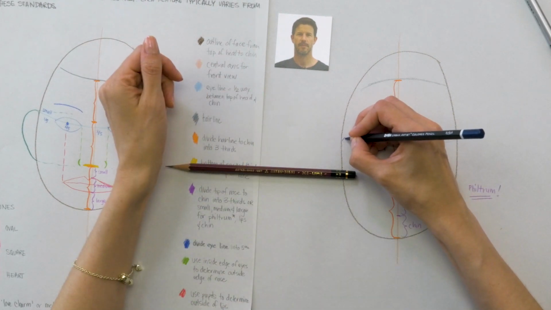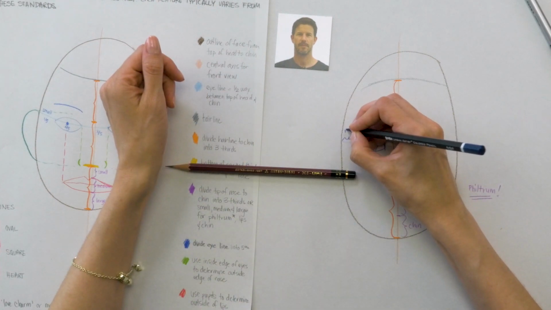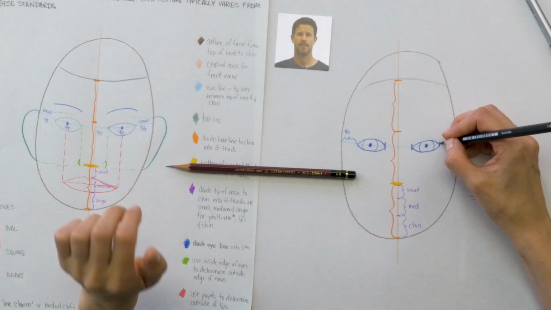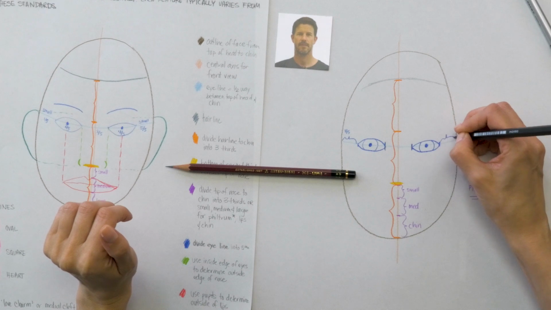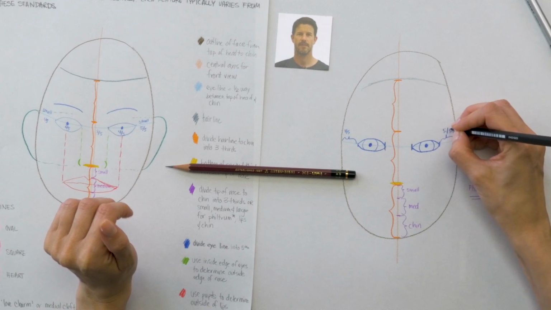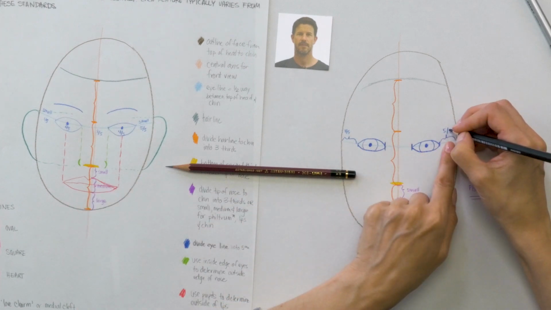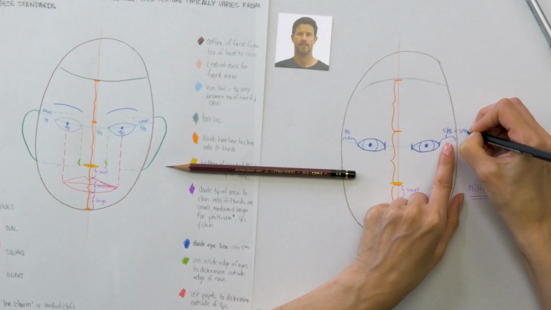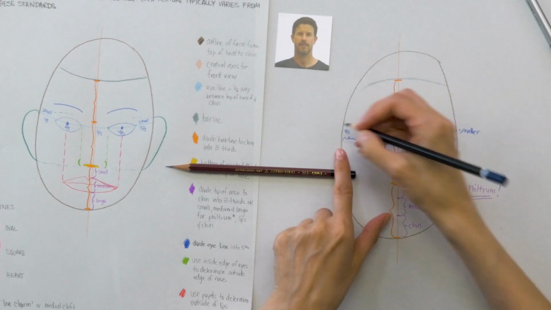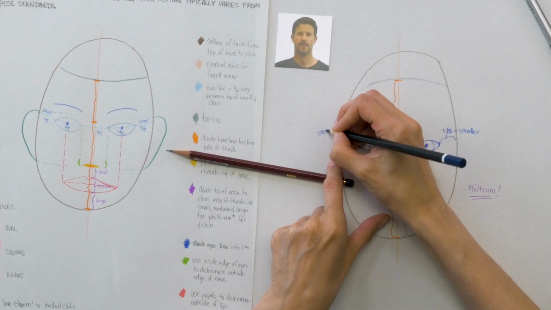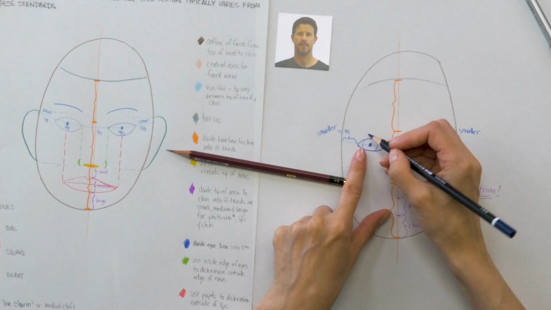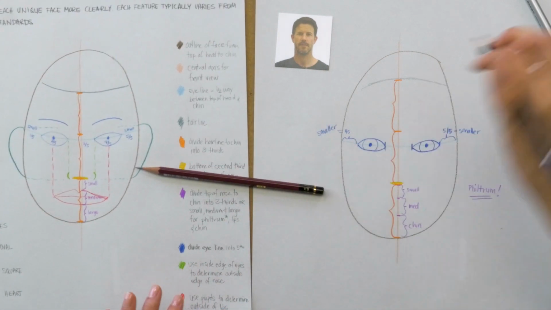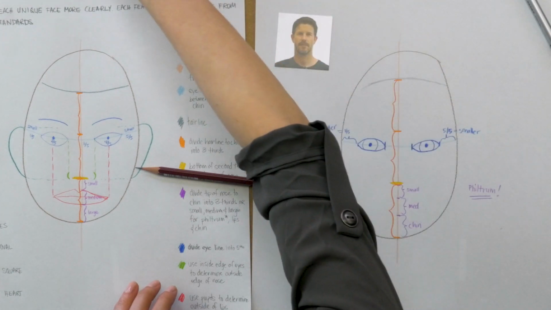So remember that this is a fifth if we were looking at it in 3D space, but flat on the page, the first fifth and the fifth fifth are going to be smaller. And then the second, third, and fourth ones will all be equal. So that's how you plan out where your eyes go.